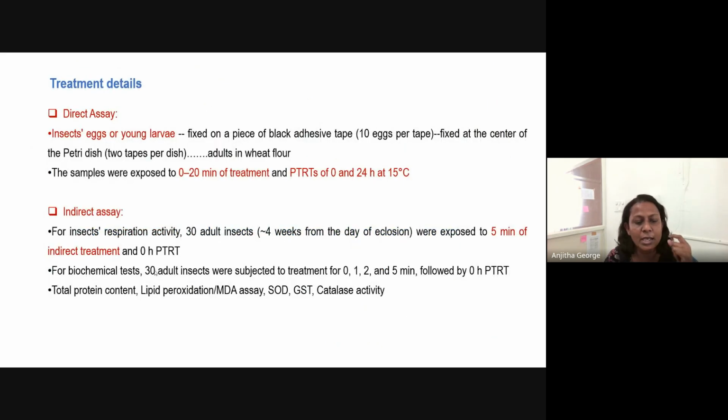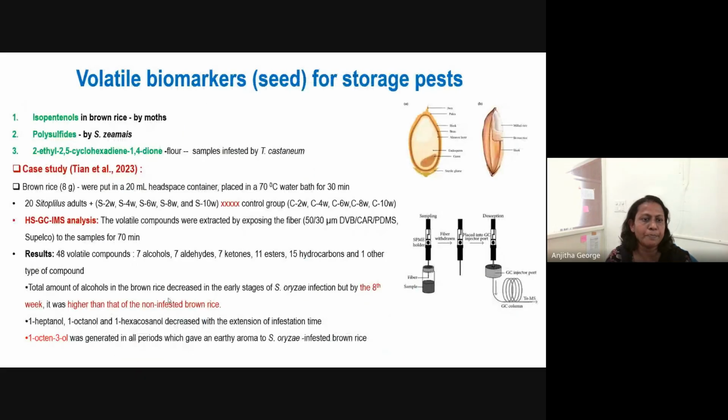Here you test indirectly, so there are some biochemical assays we have to do, like GST, catalase activity and protein content. All these parameters will be analyzed, and through that we can make out whether the impact of cold plasma has been there or not. So that is all about cold plasma.